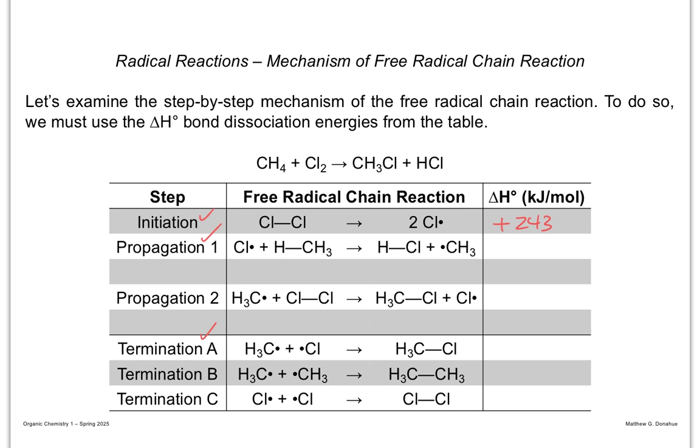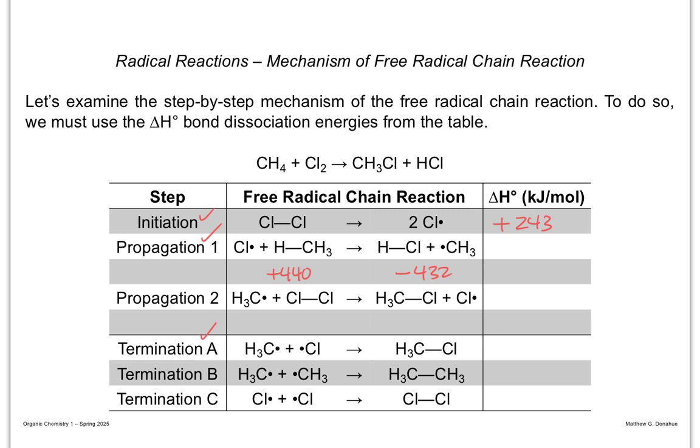So now in propagation step 1, notice there's two things happening. We're breaking a CH bond of methane. So that requires 440 kilojoules per mole. And then we're making the HCl bond. So when we make, we release energy, so that's negative 432.